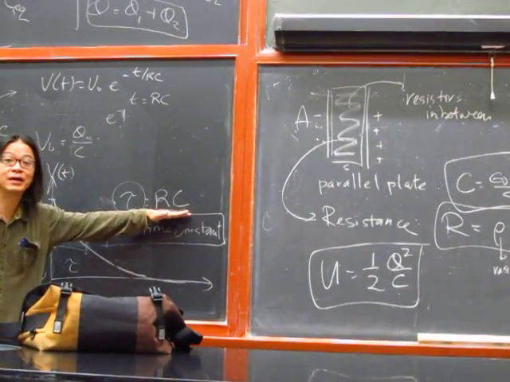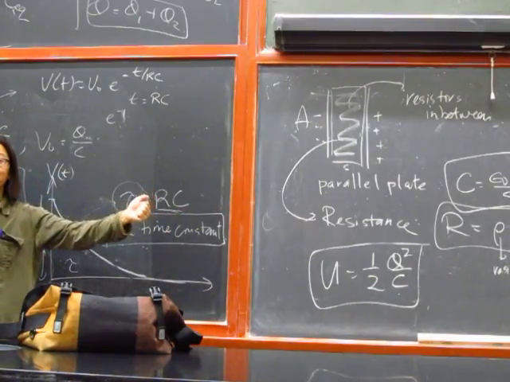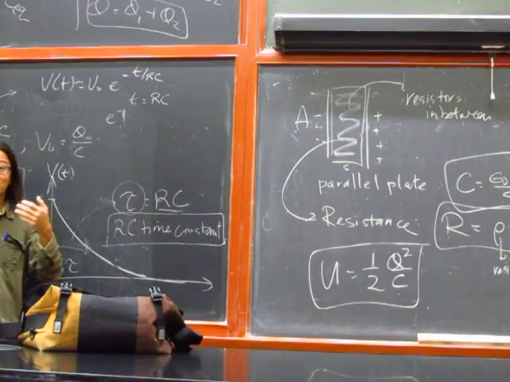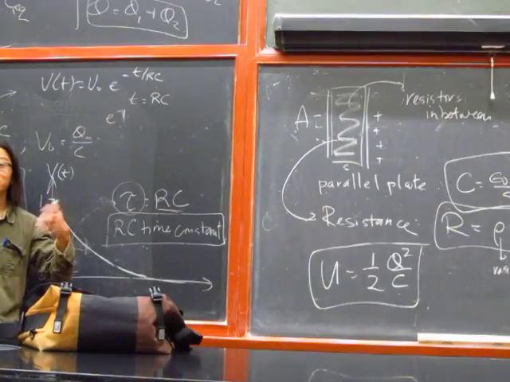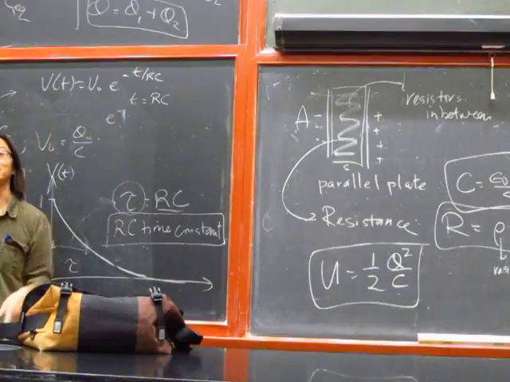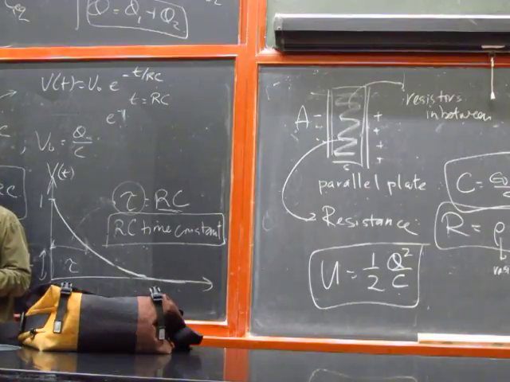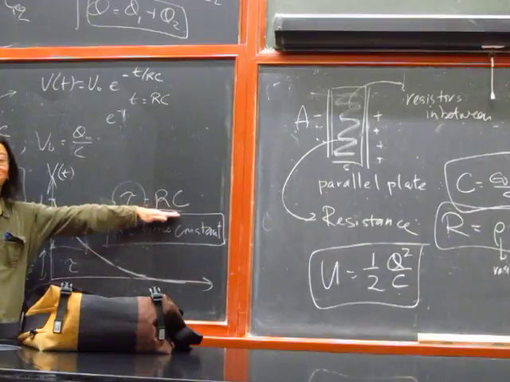We're talking about the RC time constant. So I polarize a material, and then it dissipates away. You cannot get it back, because the electrical energy that you originally stored in your configuration suddenly becomes current, and then the current heats up your material, and then it heats up the room. It's back to the second law of thermodynamics: you cannot get it back. And the time it takes for that to happen is given by RC.